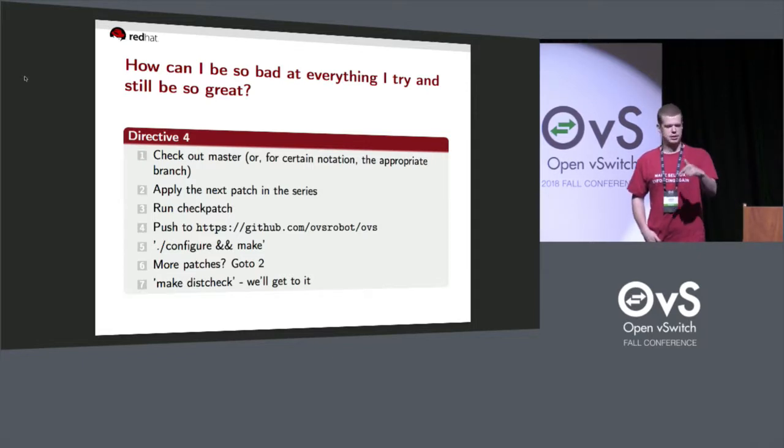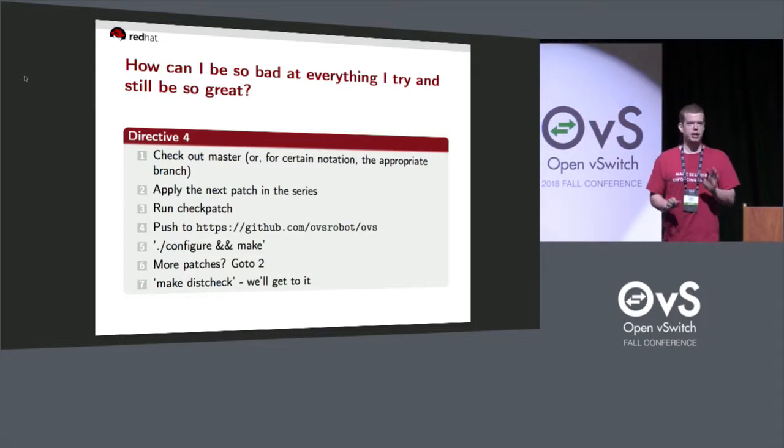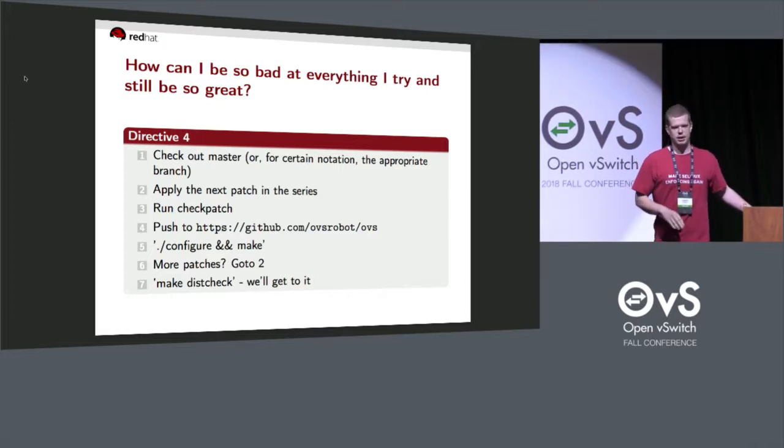It goes back and does the same thing. And then finally, at the end, it runs a make distcheck. You might not have ever seen it report a make distcheck failure. We'll get to that too. But this is what it runs.